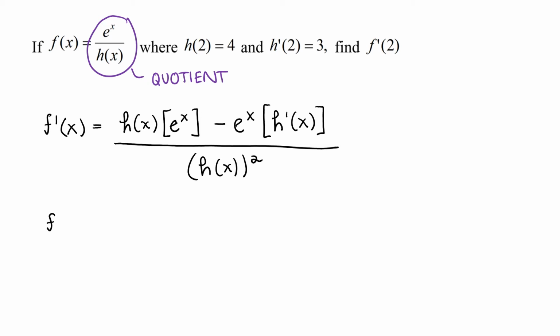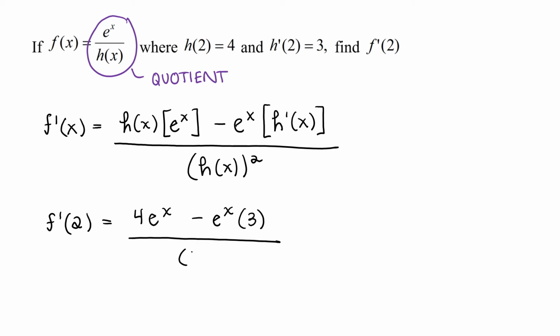Then I can substitute, so f prime of 2 will be equal to h of 2, which is 4, times e to the x, minus e to the x times h prime of 2, which is 3, all over h of x squared, so all over 4 squared.